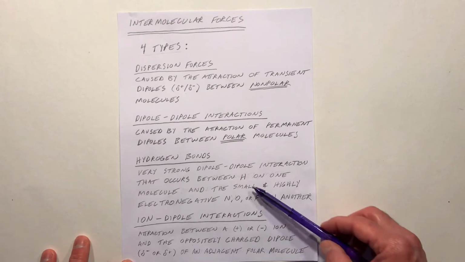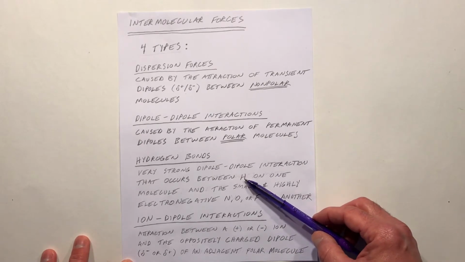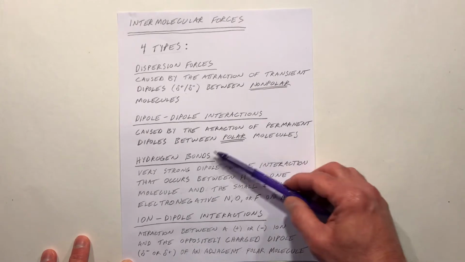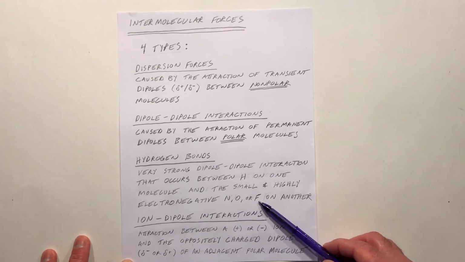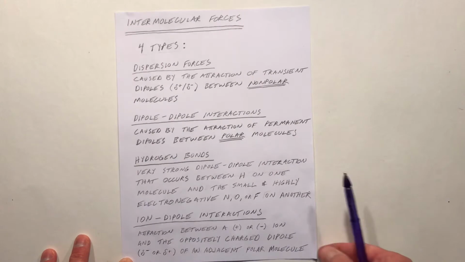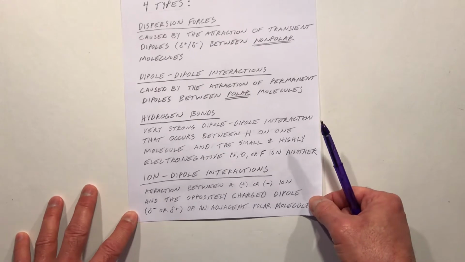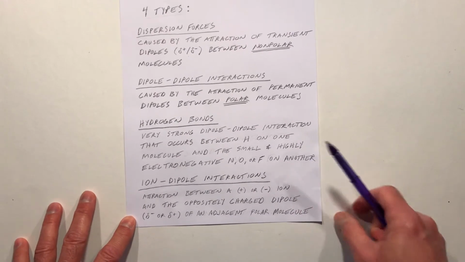And because hydrogen has no other electrons, when we sometimes take the electron away from it, there's only a bare proton. This happens uniquely with hydrogen and these very electronegative and very small atoms. So it's kind of a unique situation there, or a limited situation.